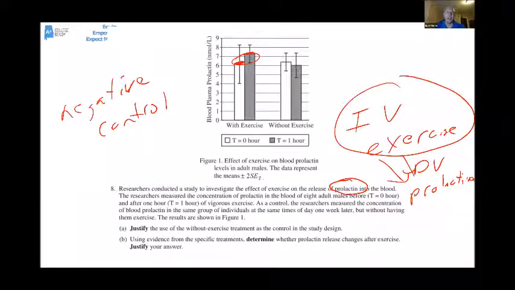And because the error bars overlap, there's no statistically significant difference between our prolactin levels before the exercise and an hour after. So our answer would be the exercise has no statistically significant effect on prolactin levels because the error bars or the confidence intervals for the with exercise and without exercise groups overlap.